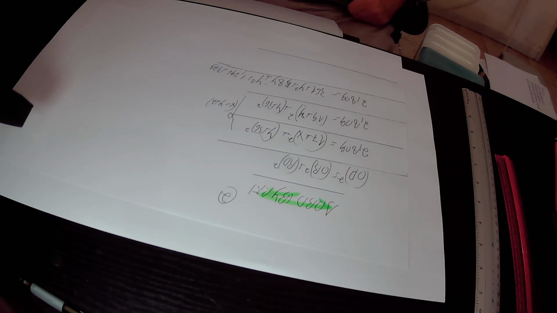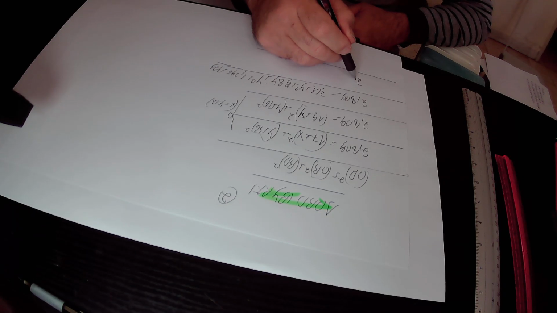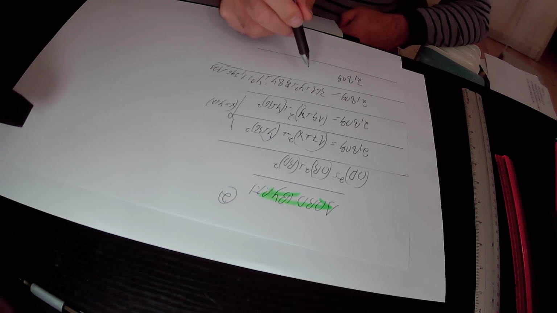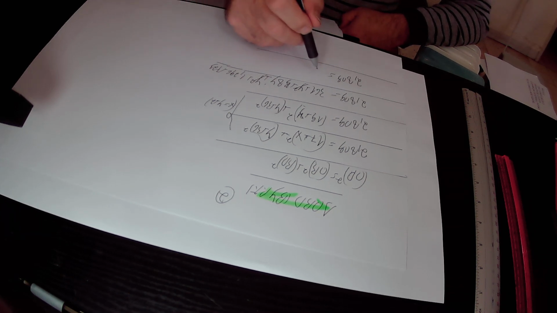So in total we found that 2809 equals 361 plus y squared plus 38y plus y squared plus 1296 plus 72y. So 2809 equals, here we have y squared plus y squared is 2y squared.